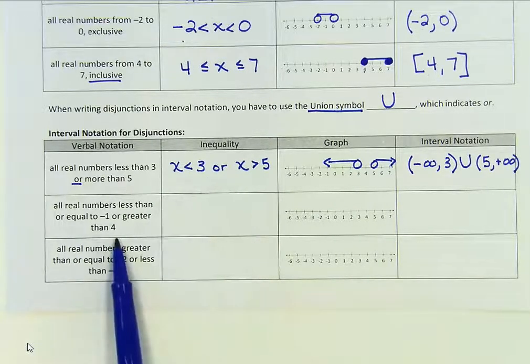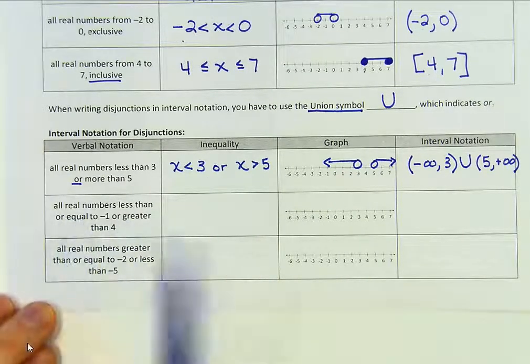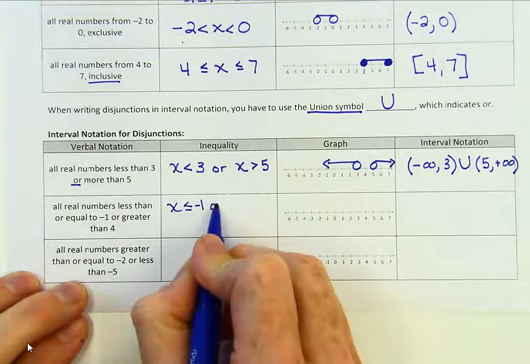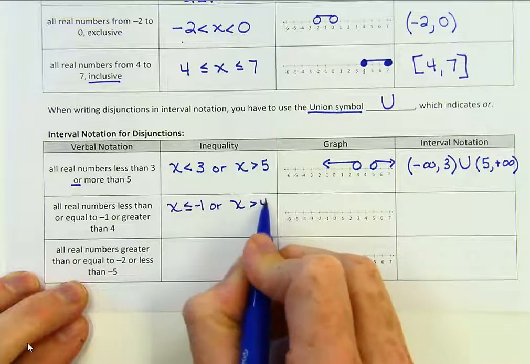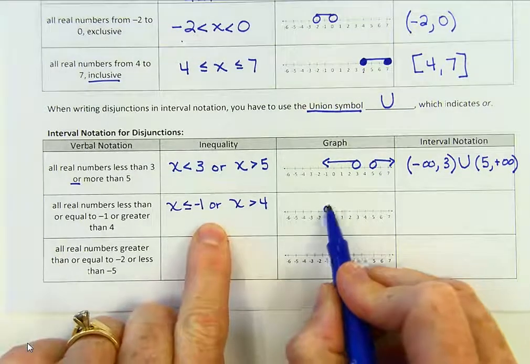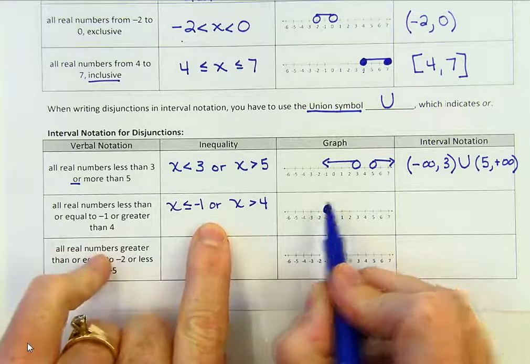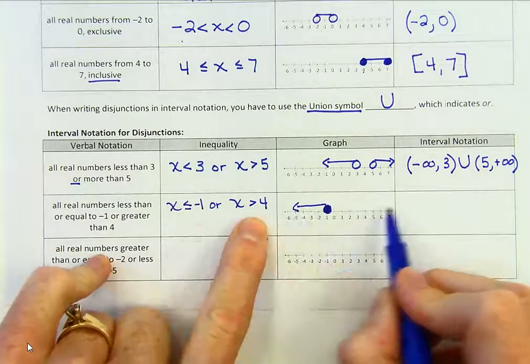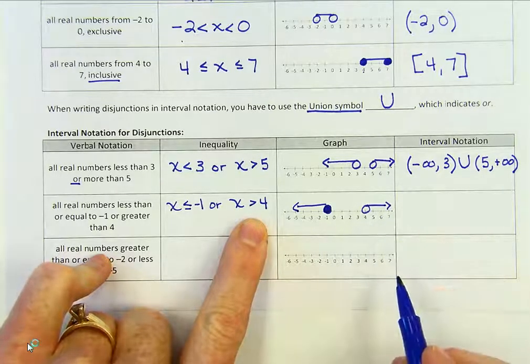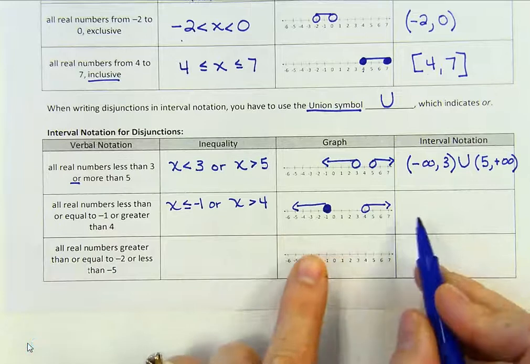Now let's look at another one. All real numbers less than or equal to negative 1 or greater than 4. So here's our negative 1. This time it's closed, and it goes to the left, or greater than 4 goes to the right. And now interval notation.